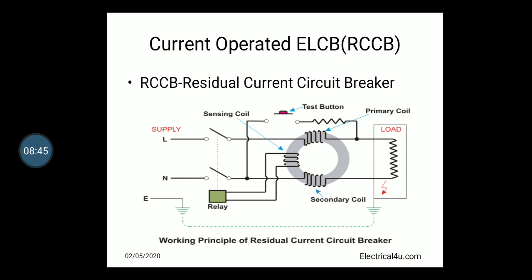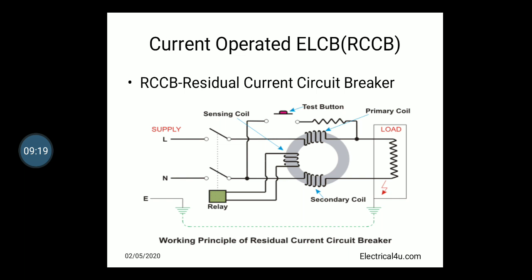So this is the construction of the circuit breaker. Now I would like to talk about the primary coil and secondary coil. The primary coil and secondary coil are arranged, designed and polarized in this circuit breaker in such a way that whenever current flows through both these coils, they will create the same amount of magnetomotive force, but their directions will be opposite.